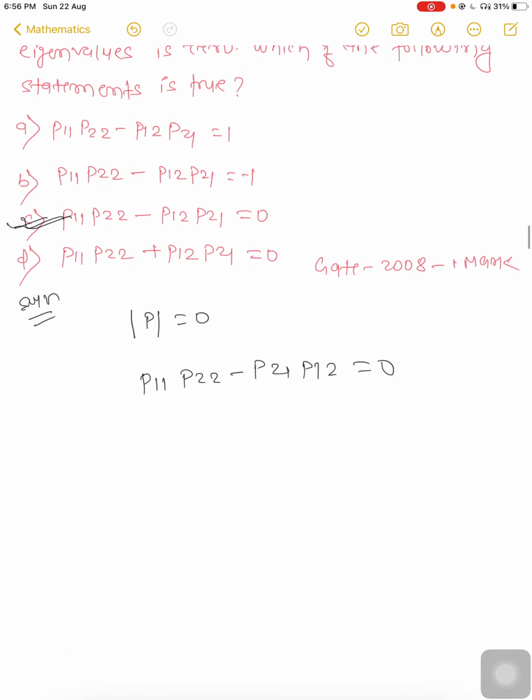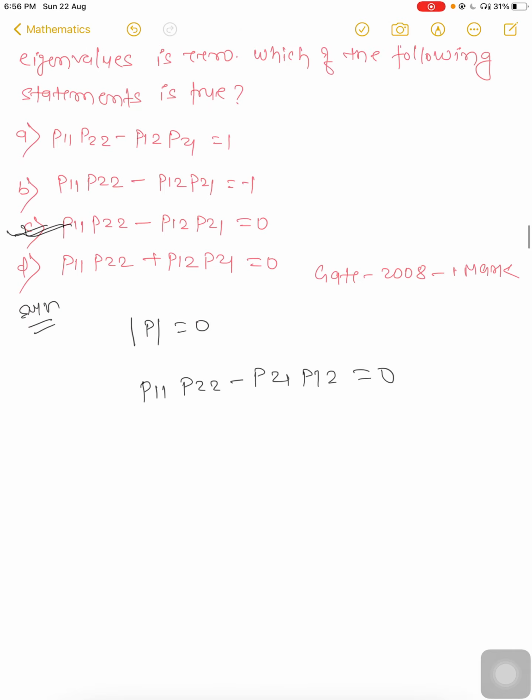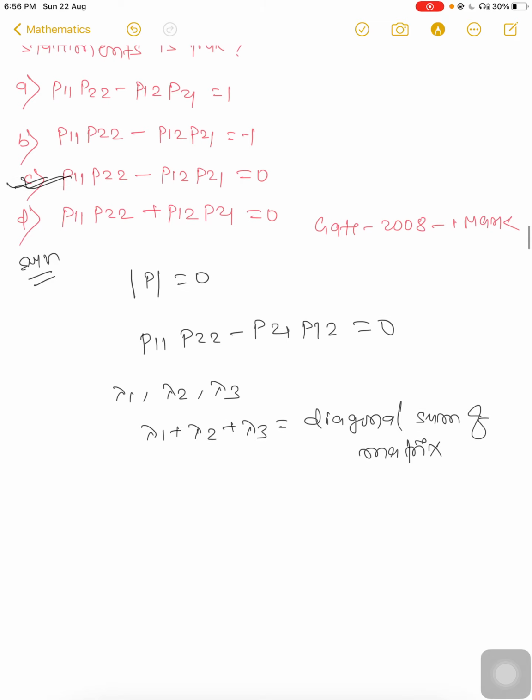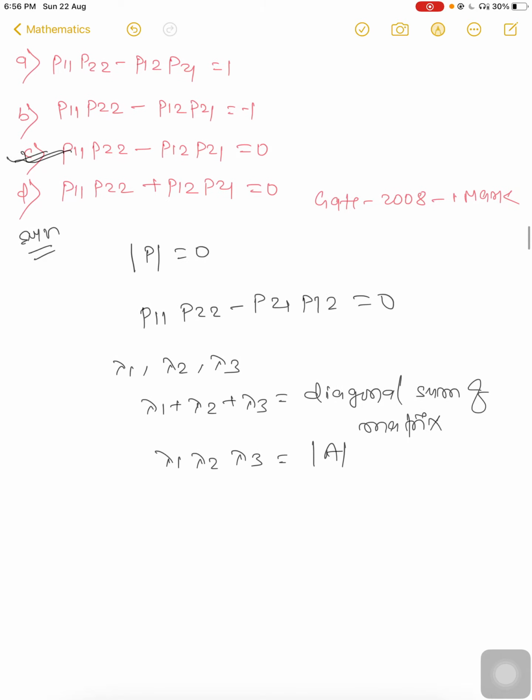So right option will be here. Option C will be the right answer. Because I've already told you if any matrix having eigenvalue lambda 1, lambda 2, and lambda 3, then what will happen? Sum of lambda 1, lambda 2 plus lambda 3 will be diagonal sum of matrix, and multiplication of eigenvalue will be determinant of that matrix.